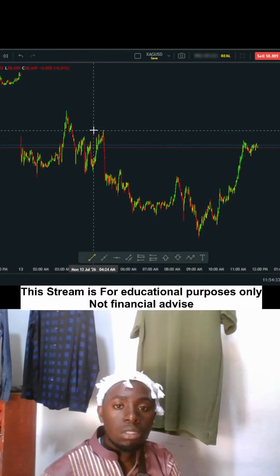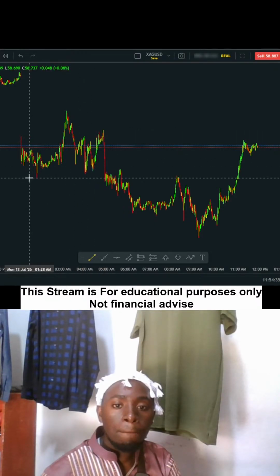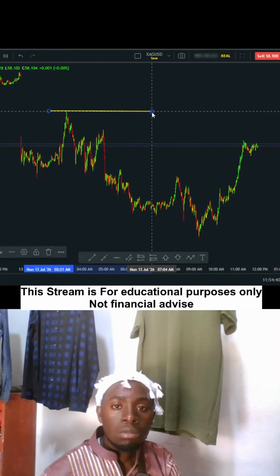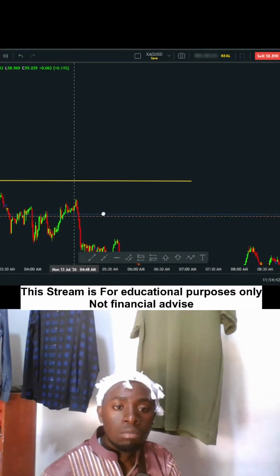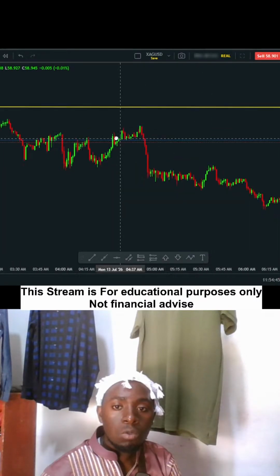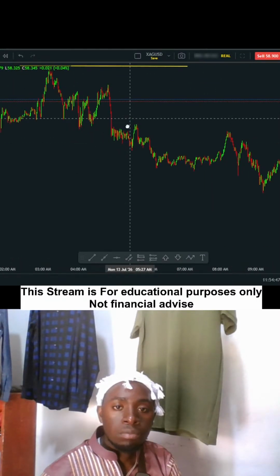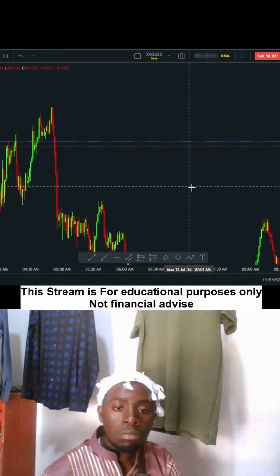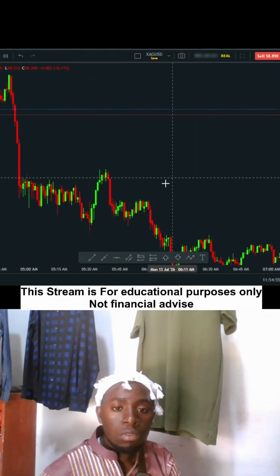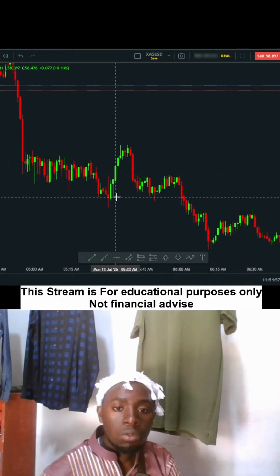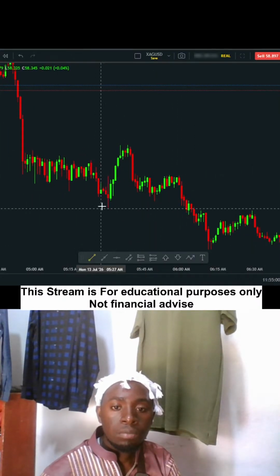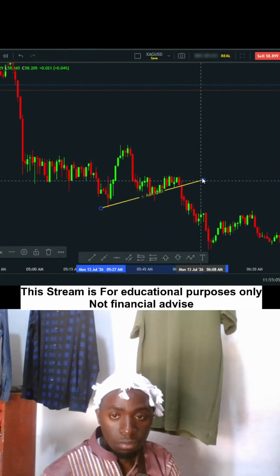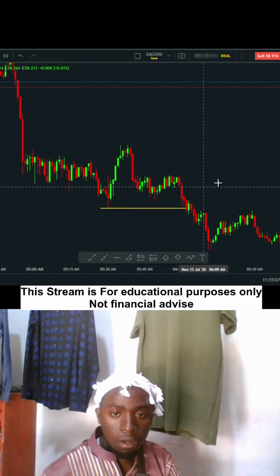Okay, let's see. We shall consider this as our high right there. That will be our high. Then we shall have our low right there. This will be the low right there.